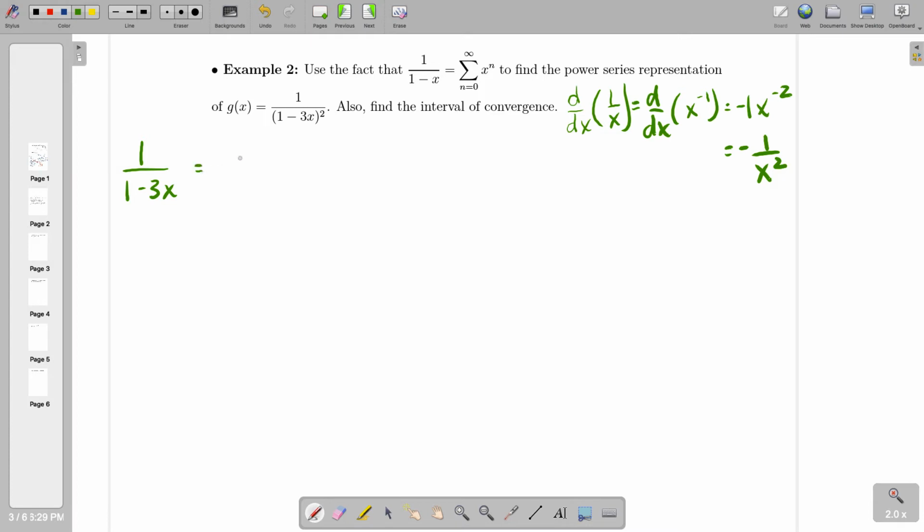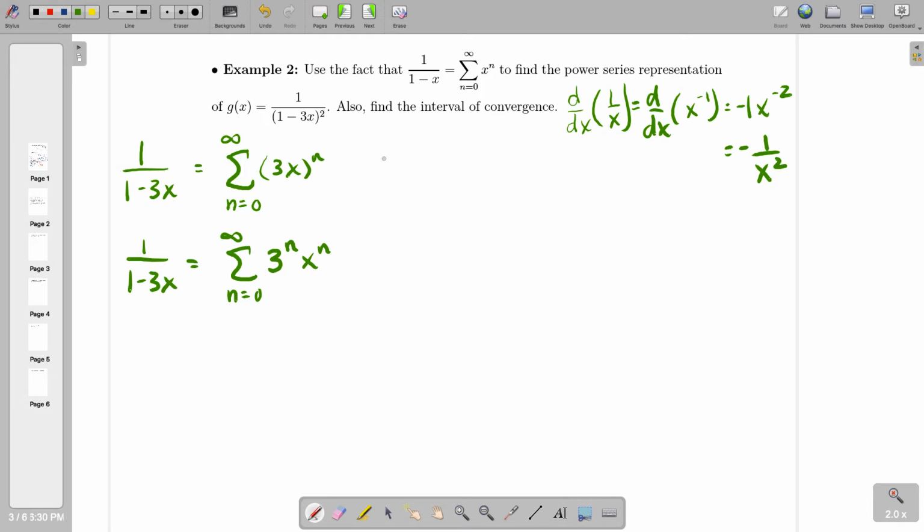So the power series for this just means that instead of x, it's 3x, so 3x is being raised to the nth power. So I could say 1 over 1 minus 3x is the sum from n equals 0 to infinity of 3 to the n, x to the n. But this is not true all the time. It's only true for certain x values.